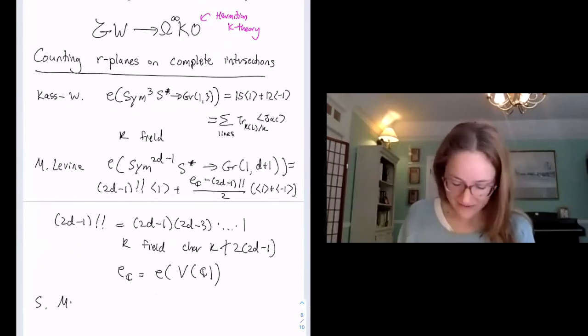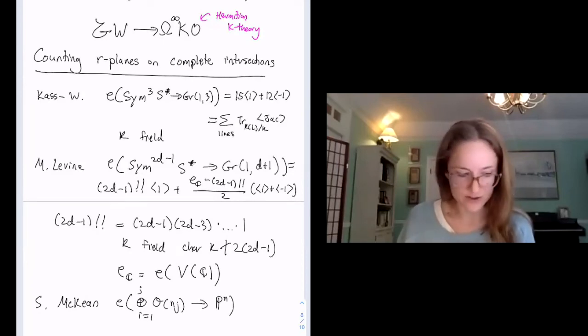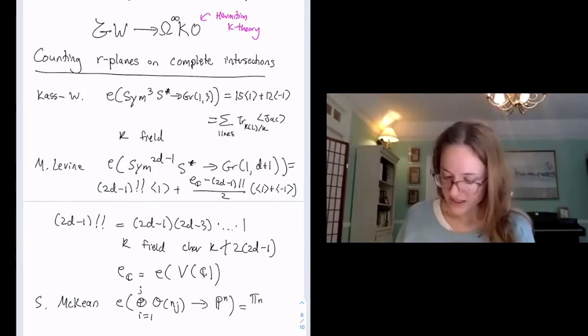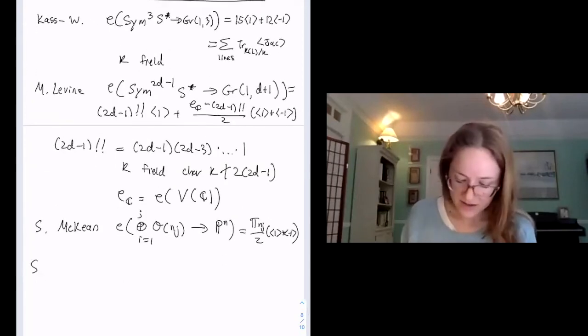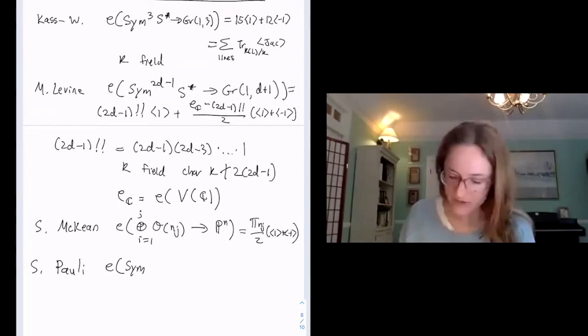Stephen McKean gave an enrichment of Bezout's theorem along with geometric interpretations of local indices, and that gives the calculation of vector bundles, so counting points on P^n, that's just P^n, as a multiple of H. And Sabrina Pauli, also along with interesting geometric interpretations, redoes the cubic surface and does the quintic threefold with a theory of dynamic intersections.